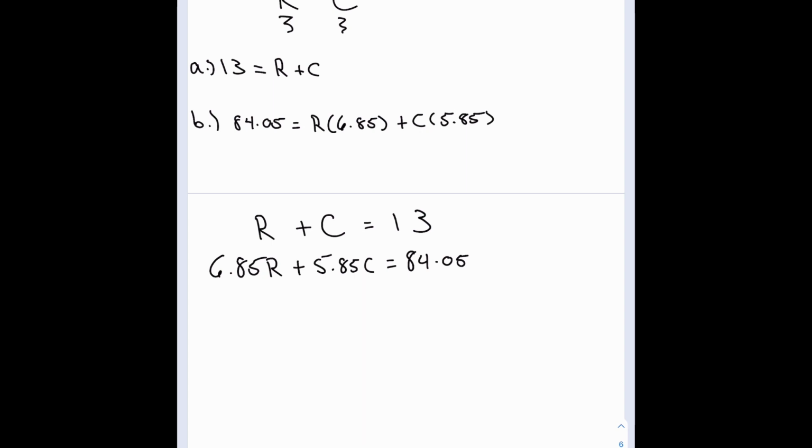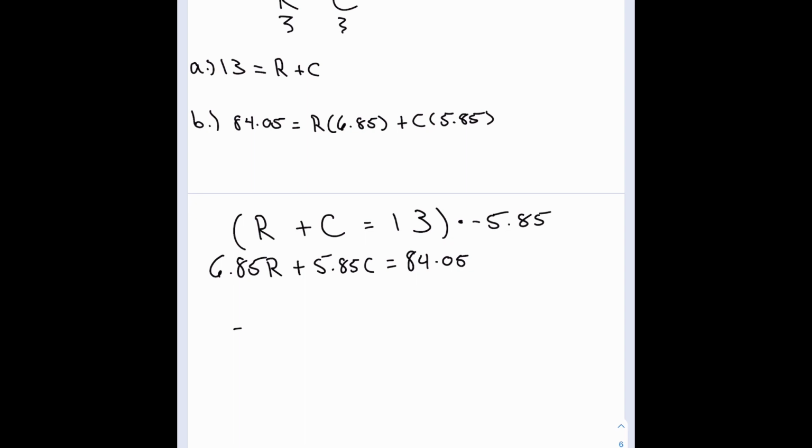Okay, so what can we do? What scalar can we multiply to this first equation to ensure that we're only left with an R? So we should look for negative 5.85, because that would cancel out the C, this top C, with this bottom C. So let's multiply this whole thing by negative 5.85.